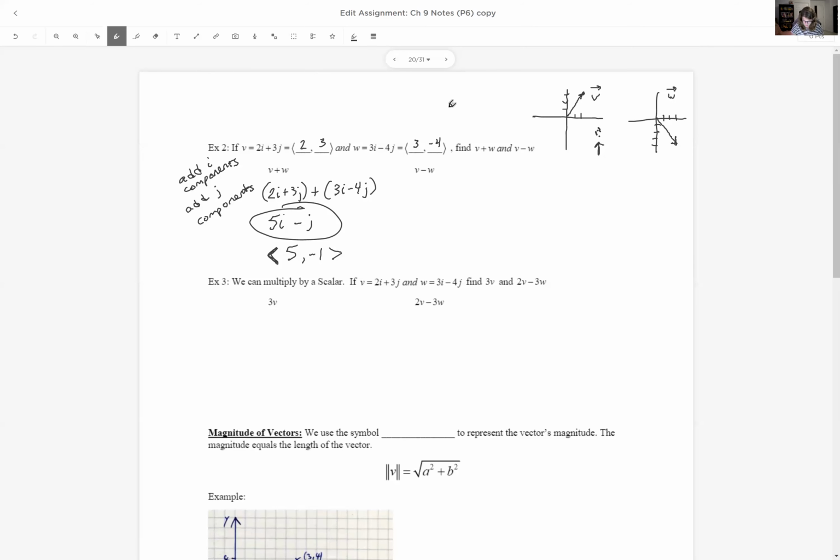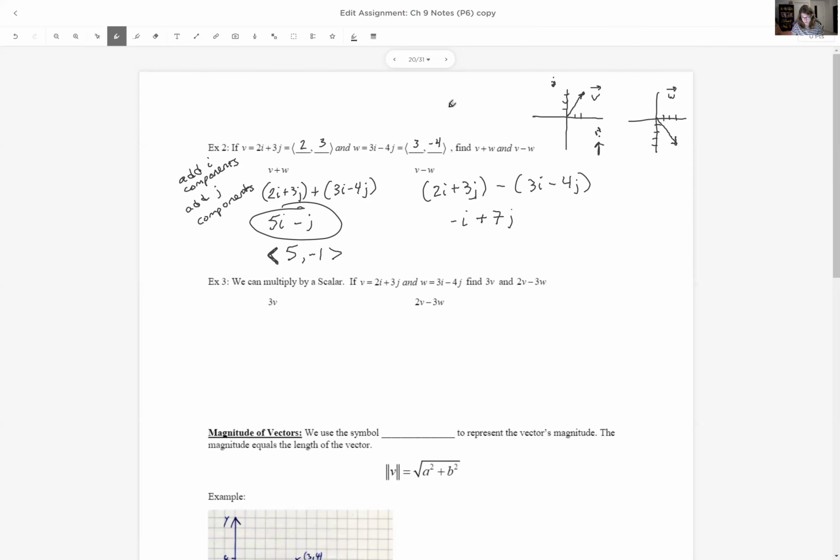Let's look at v minus w. 2i plus 3j minus 3i minus 4j. So 2i minus 3i, that is a negative i. 3j minus negative 4j, that's plus 7j. So where does that take us? That takes us way up here.